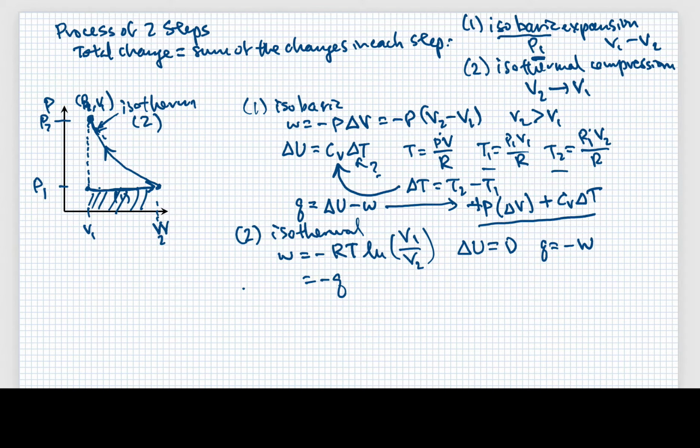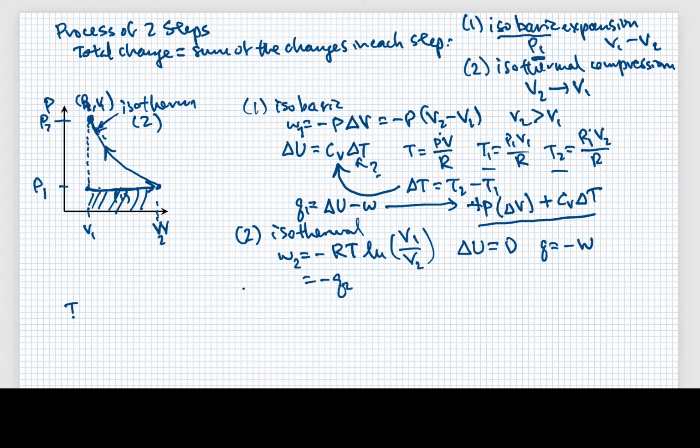So now I have calculated W for each of these steps, I've calculated Q for each of these steps, and I've calculated delta U for each of these steps. Now if I label these by their step numbers, so for example this one I would call W1, this one's W2, this is Q1, this is Q2, what will I have?